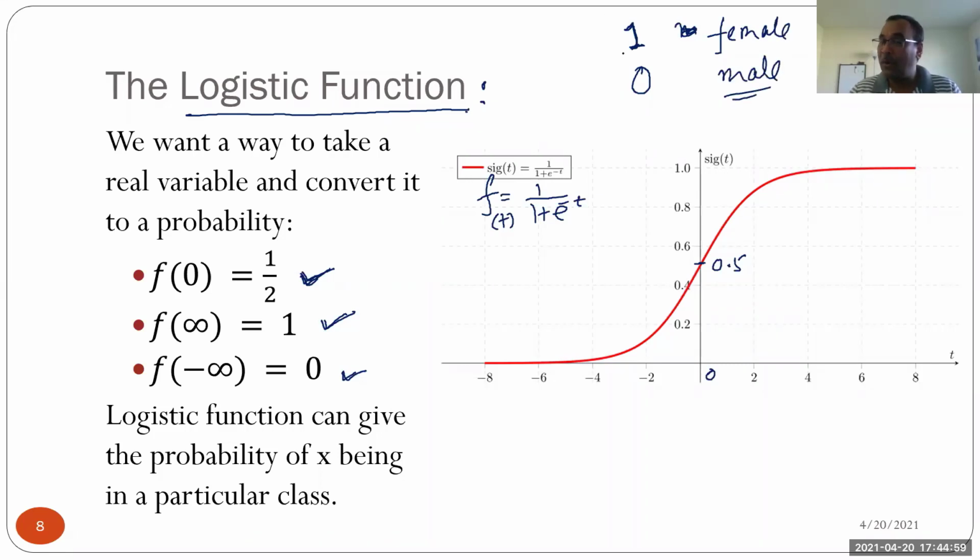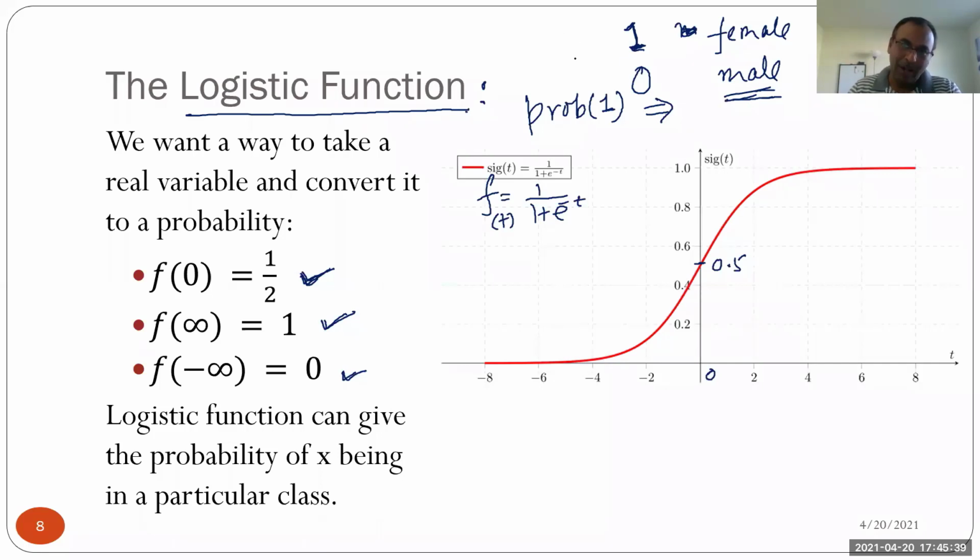This is ideally what we want to learn, but what we would learn in fact is the probability of 1. We can think of this as the extreme probability in our labeled data. If our data is labeled as 1 in the training data, then with probability 1 it is female. And if the data is labeled as 0, then with probability 0 it is female, which means it is male.